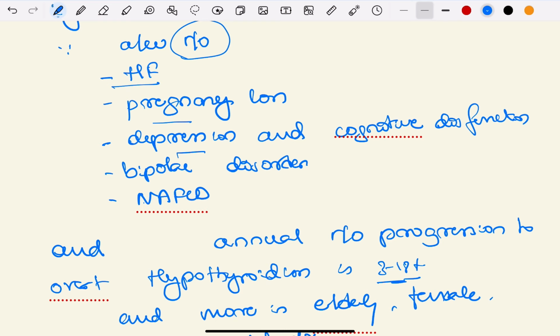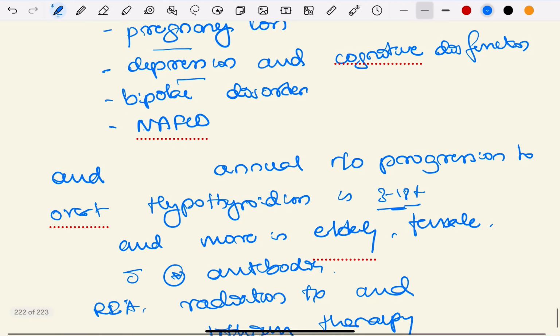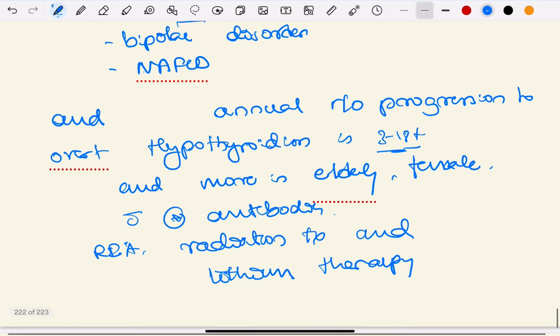And in which individuals is it more? It is more in elderly females with positive anti-thyroid antibodies, and those who have received radioiodine therapy for Graves disease or external radiation treatment in the head and neck region, and chronic lithium therapy. So these are the individuals at risk of progression to overt hypothyroidism.